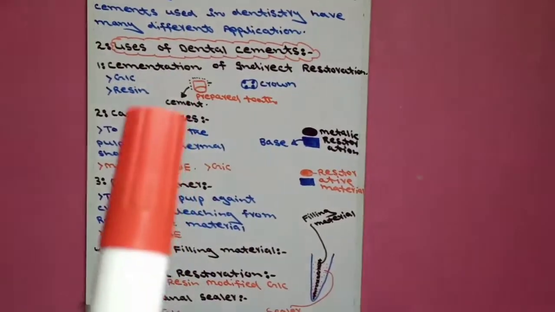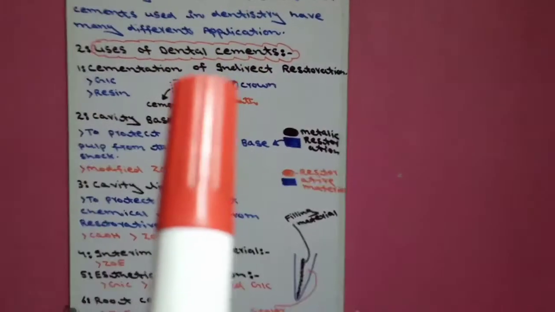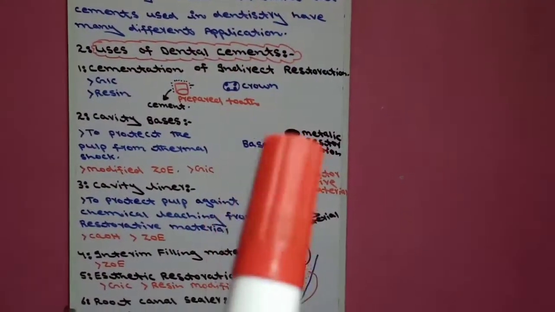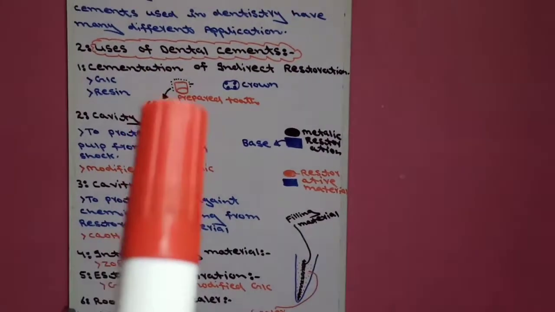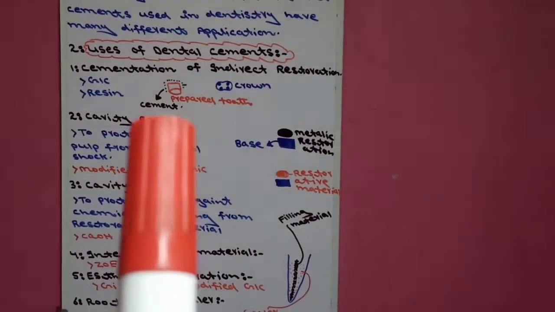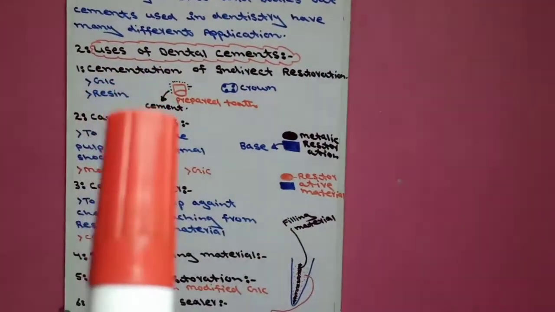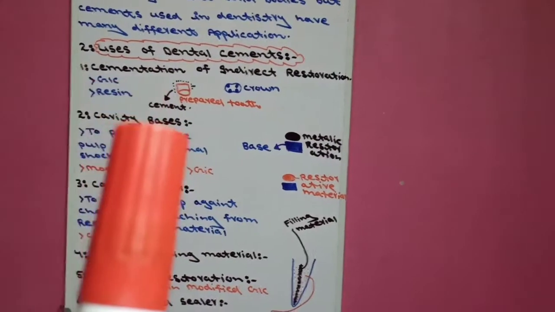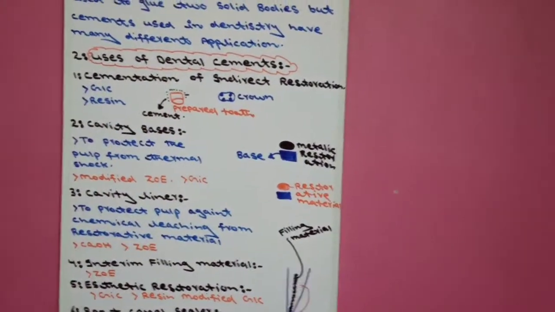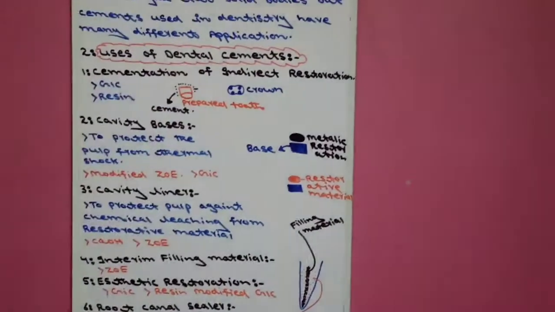We apply the dental cement on the prepared tooth and on the inner portion of the crown, then place the crown on the prepared tooth, and the cement sets and joins the crown with the prepared tooth. Therefore, cementation is also known as luting.